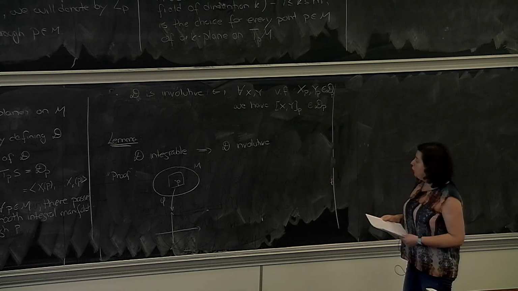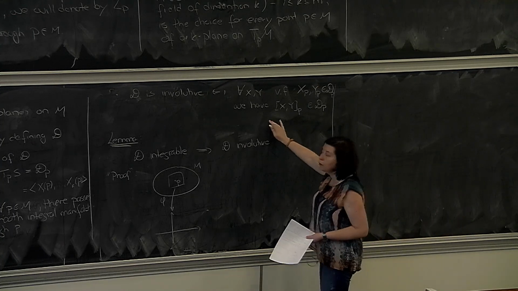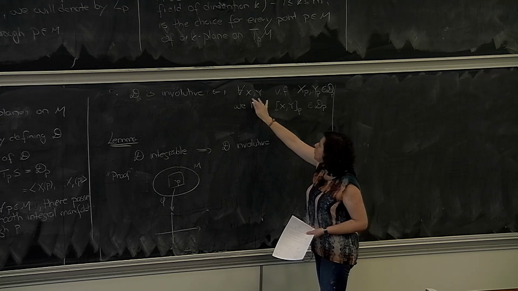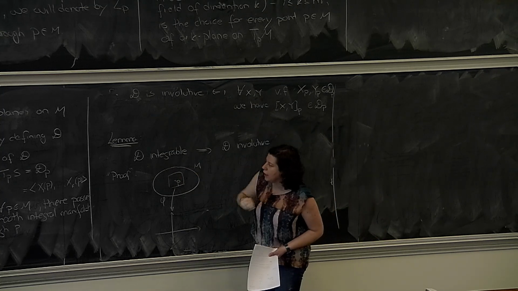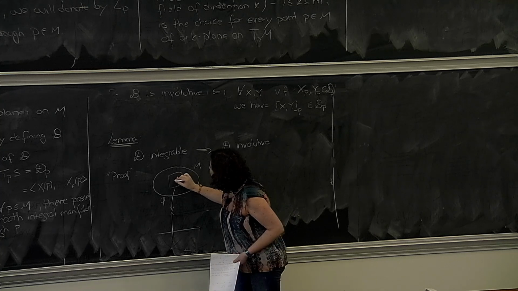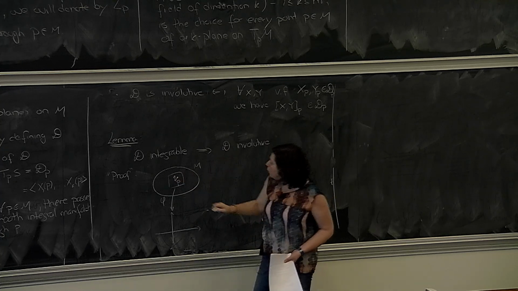I want to prove that it is involutive, so let us fix two vector fields x and y defined locally on an open set U here.